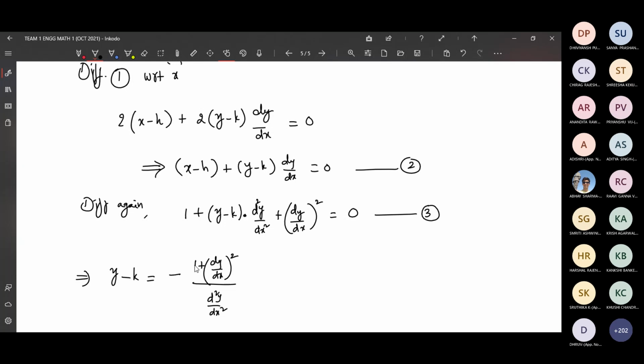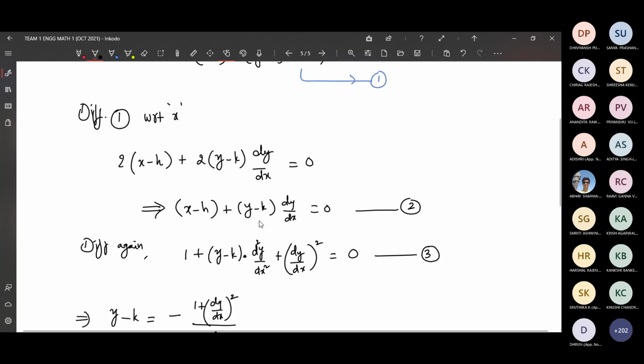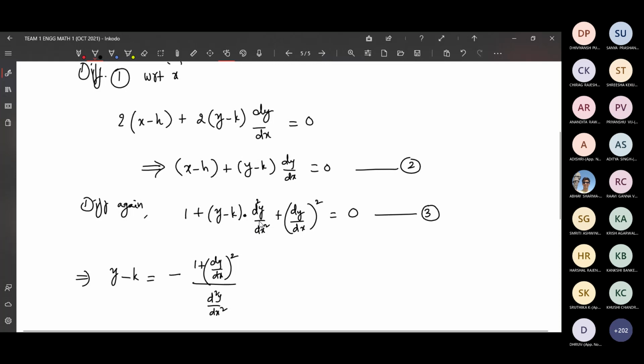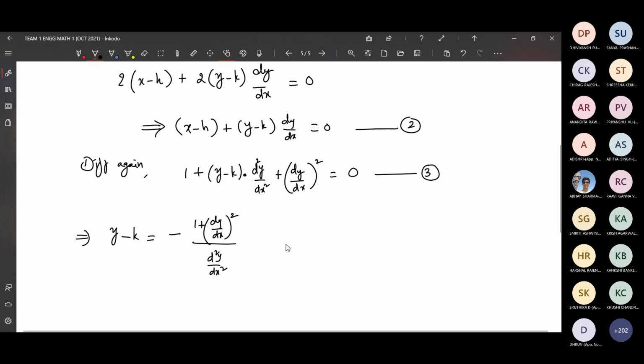This is y minus k. Then you have x minus h, which you have to find. Now from 2, we'll find what x minus h is. From 2, x minus h can be written as minus y minus k times dy by dx, right?